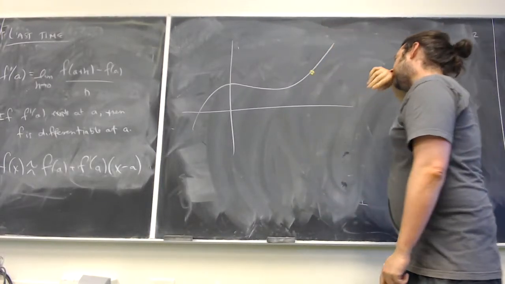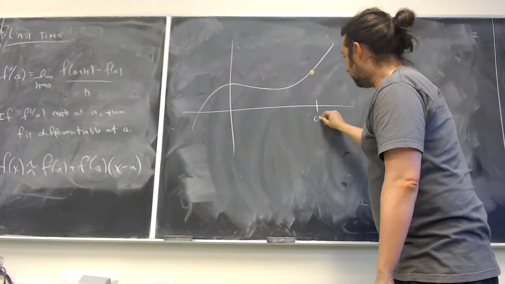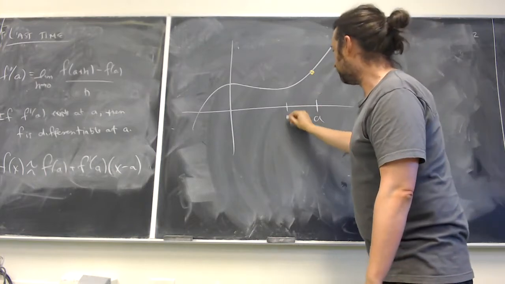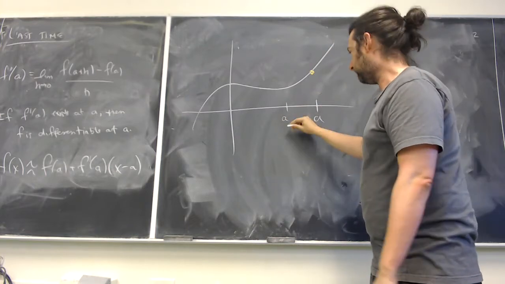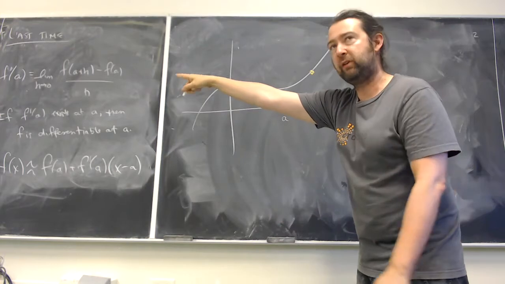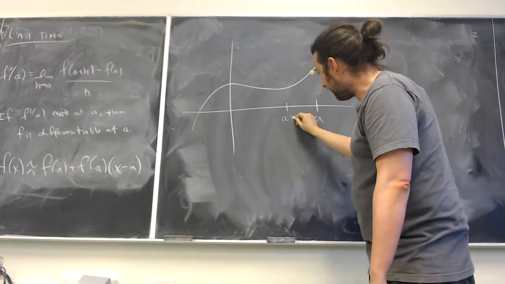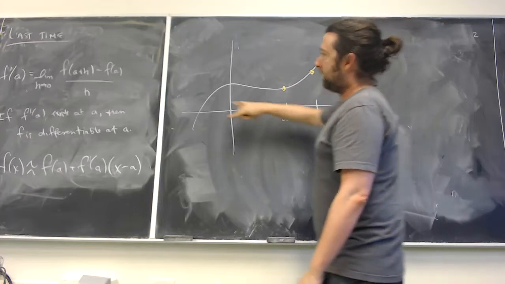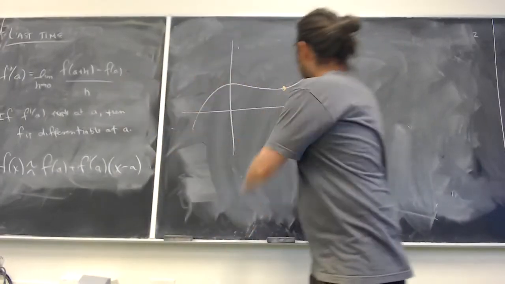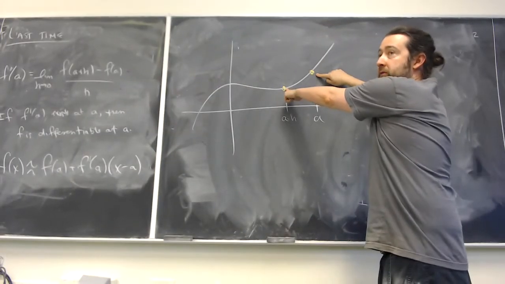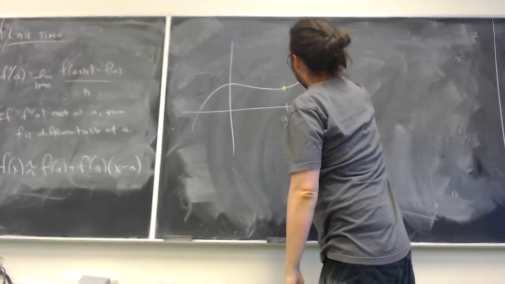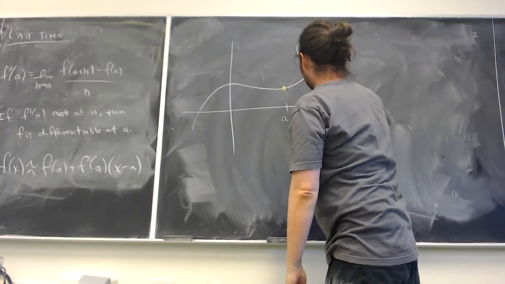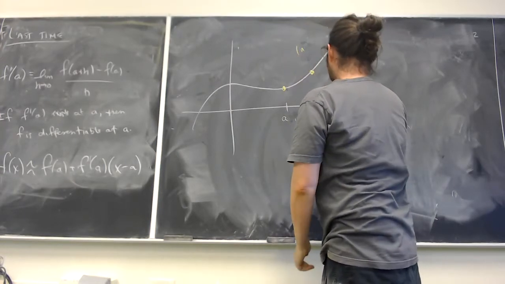And so you say, okay, if this is a, go this way a little bit, h has to come in from the left and the right. So you can imagine a minus h. Go right here. And then this is actually the slope between these 2 points. Maybe I'll make this make more sense by writing it this way so that the picture is more coherent.